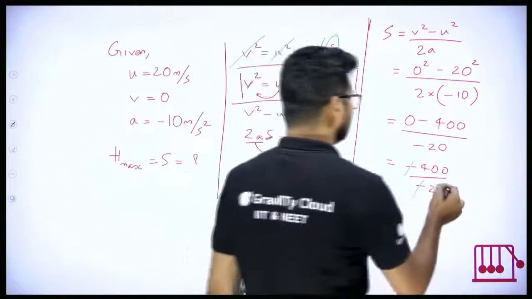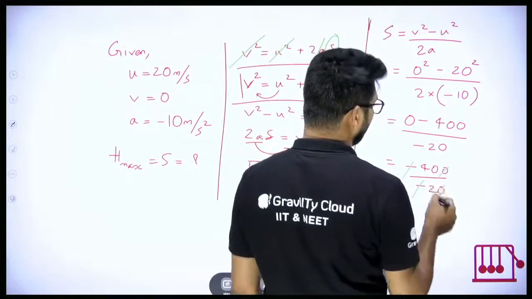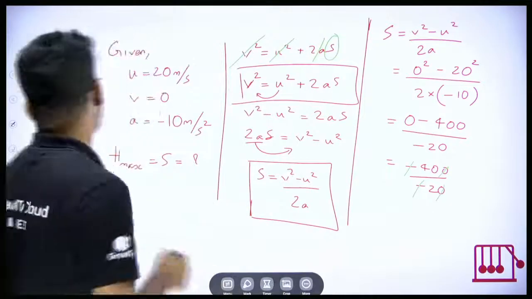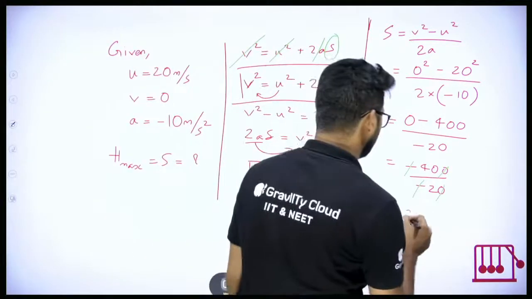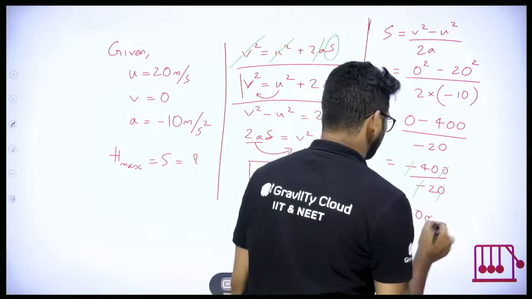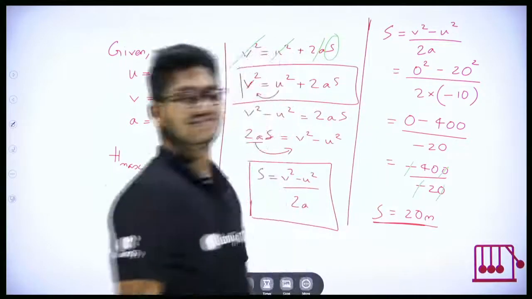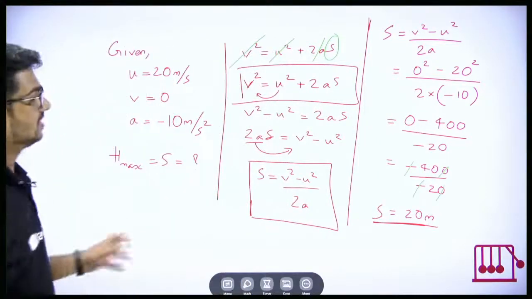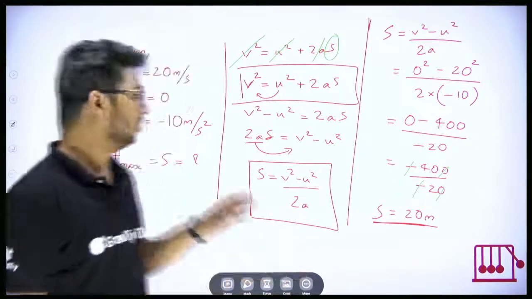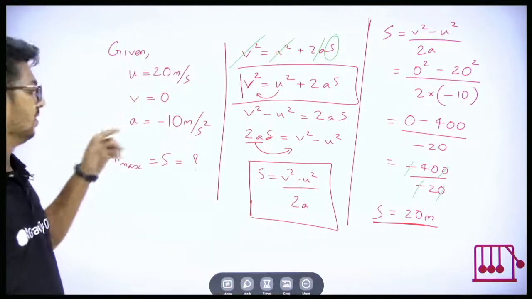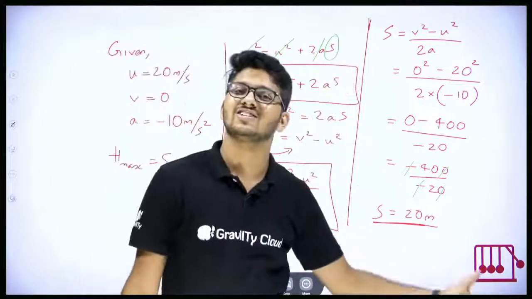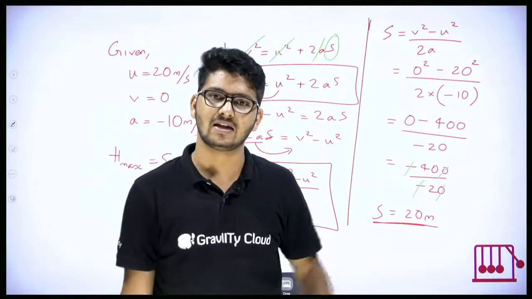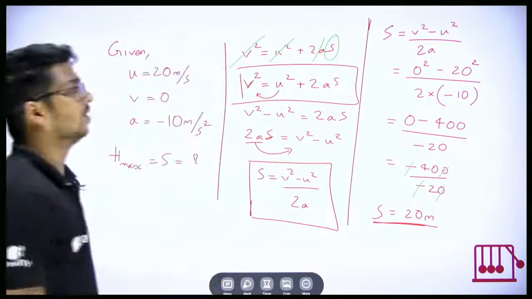And here 0, 0 cancel. Then 40 by 2, which is 20. So S is equal to 20 meters. That's it. So these are the steps again, as I told you: given information, what you have to find out, formula, substitute and solve. Simple, right? Okay, that's good.